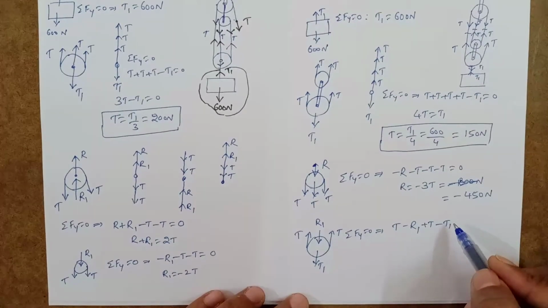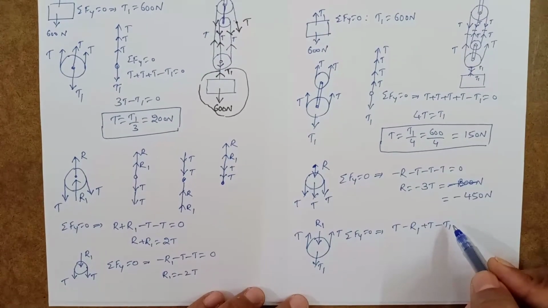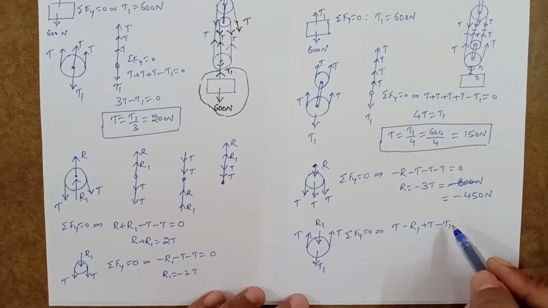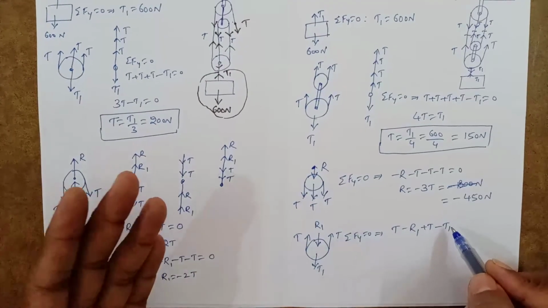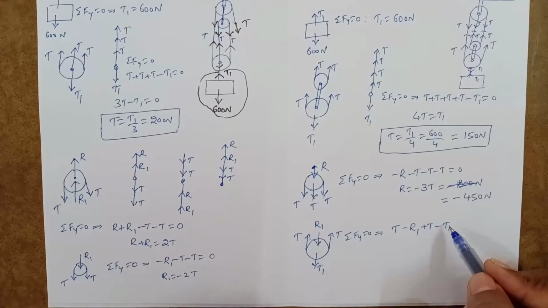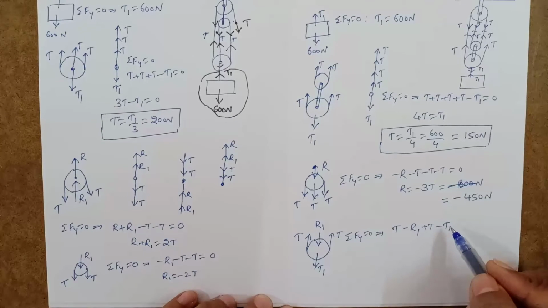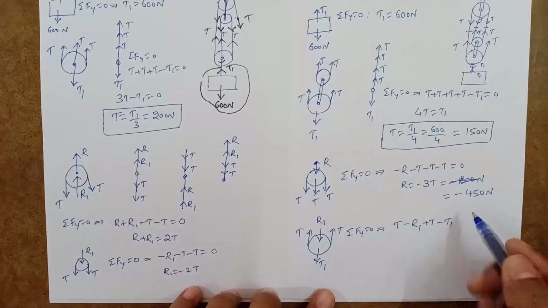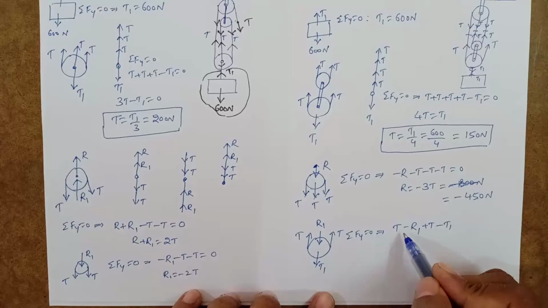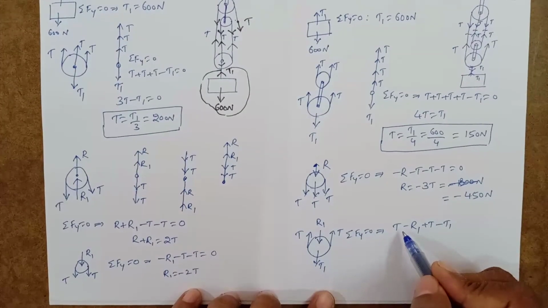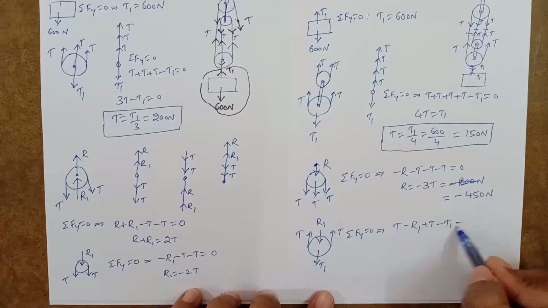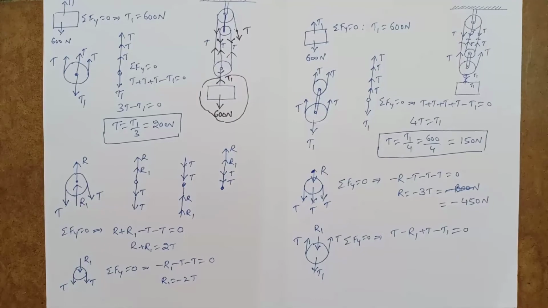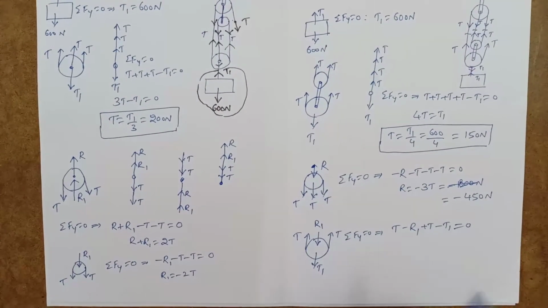So while drawing a free body diagram, we need to consider and show all the forces, and if there are any inclined forces, resolve them along the x and y axes or along the inclined plane and normal to the inclined plane, then include all those components in the equation and solve for the unknowns. So this is the summation of the y components of all the forces acting on the body in the y direction. This must be equal to 0 because this pulley is at rest. Now this is one equation.